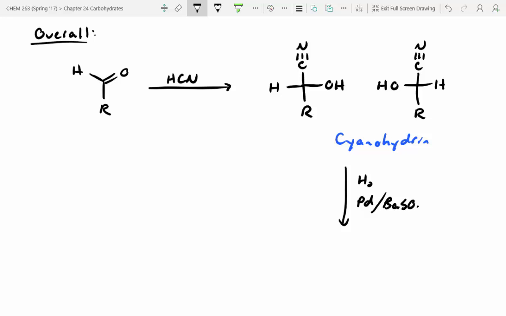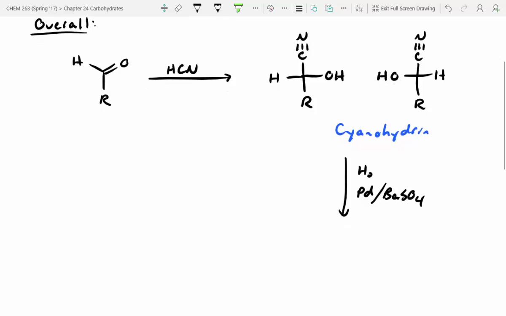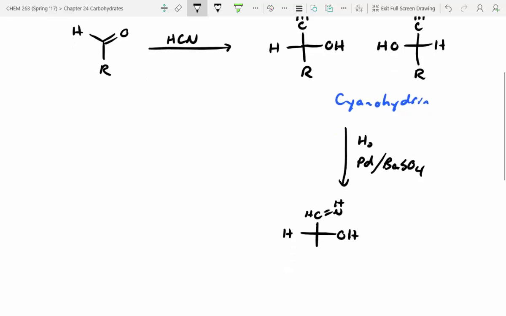They use barium sulfate and palladium in order to accomplish this. So just like before, you basically get cis products out. And you get an R group.